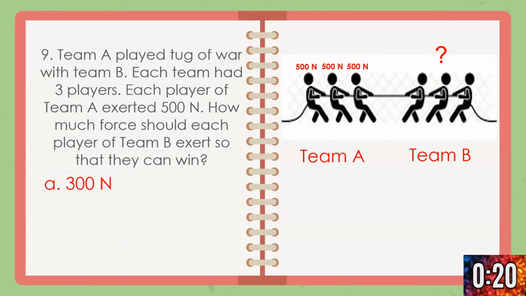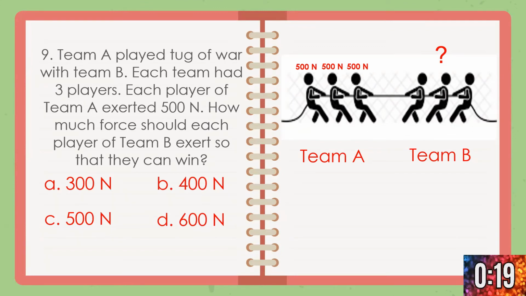Is it A, 300 Newton, B, 400 Newton force, C, 500 Newton force, D, 600 Newton force? Timer starts now. It should be bigger than 500 Newton.